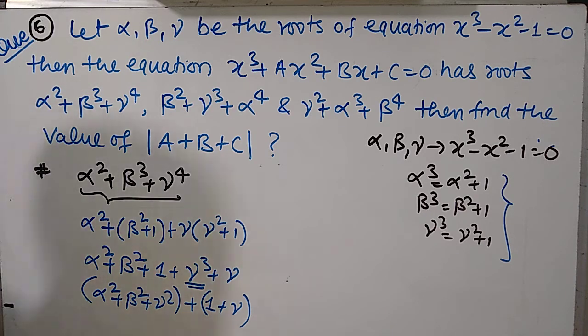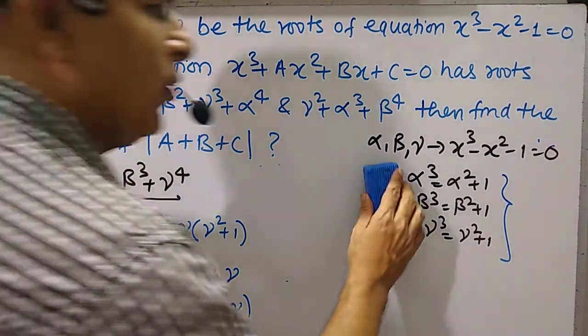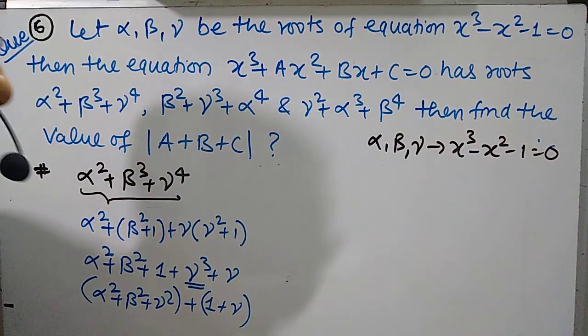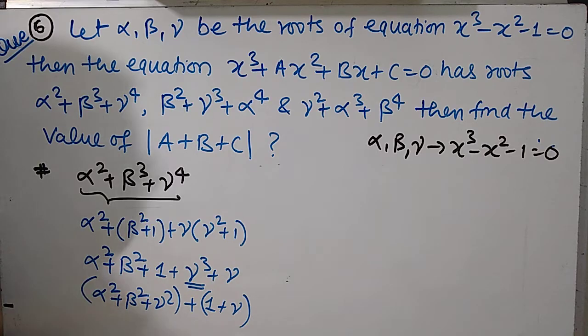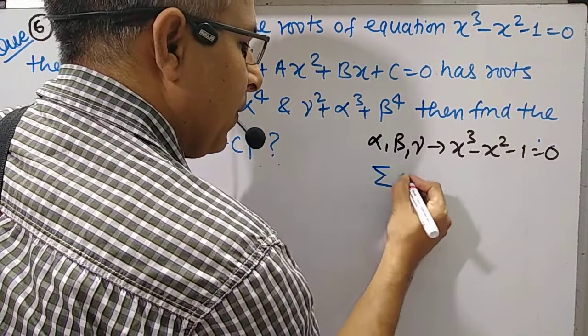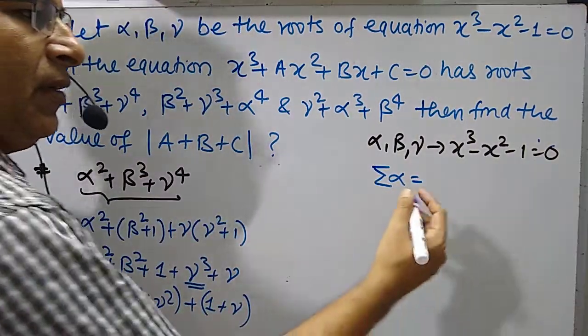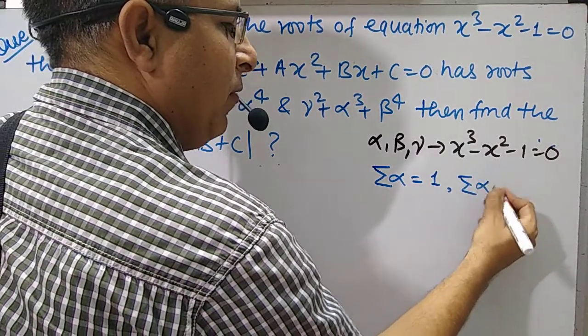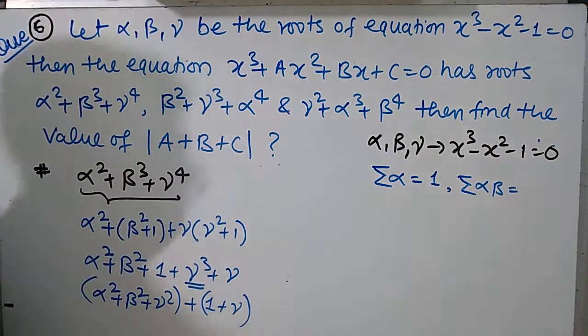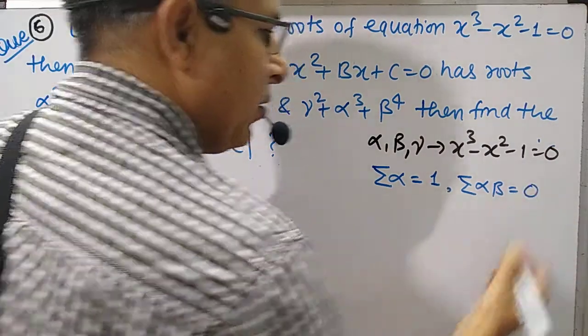Now, with the help of Vieta's formula, we have to find sum of roots and product of roots. Sigma of alpha is 1, and sigma of alpha beta is 0.